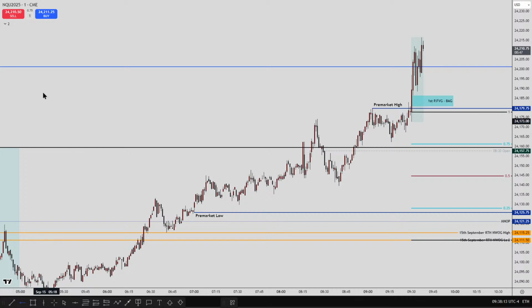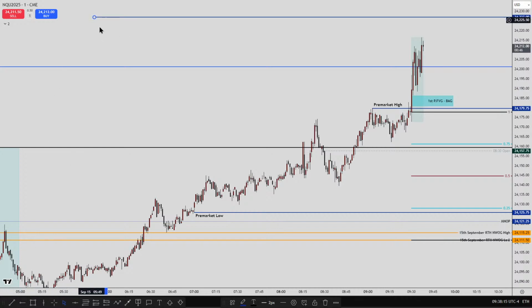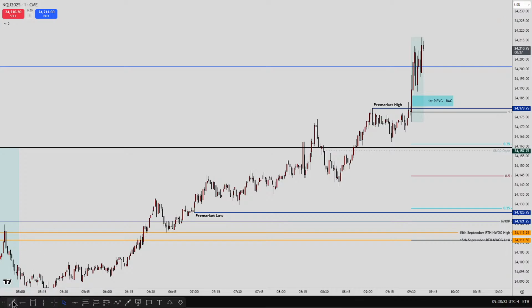Pretty much everyone uses some aspect of supply and demand levels, or support and resistance levels, where they'll say that's resistance and that's support, but far fewer traders use a trend line. Way less.